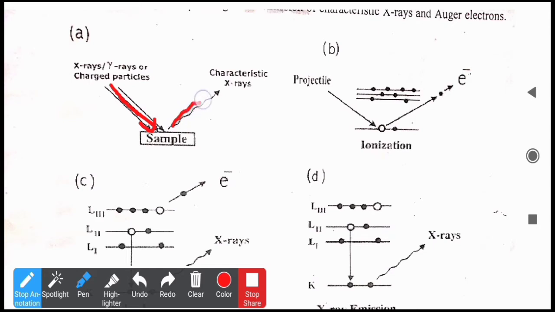There might again be some radiation ejected in the form of X-rays, and this is simply called an X-ray emission technique. In another way, we use a certain projectile as in secondary ion mass spectrometry, and electrons might get ejected. Determining the energies of the ejected electrons, or the binding energy of the core electrons, forms another technique through the vacancy creation of the inner shell. This is the second technique.